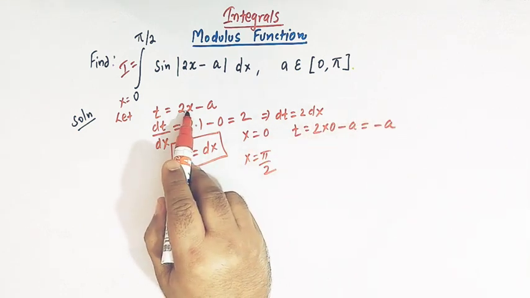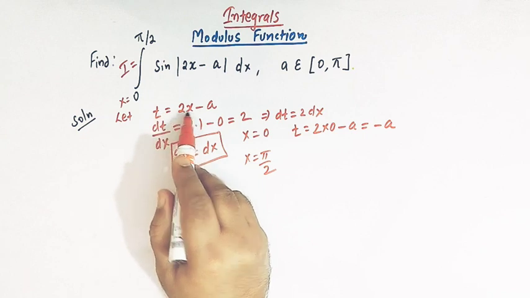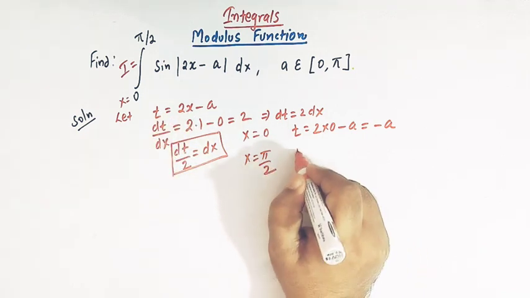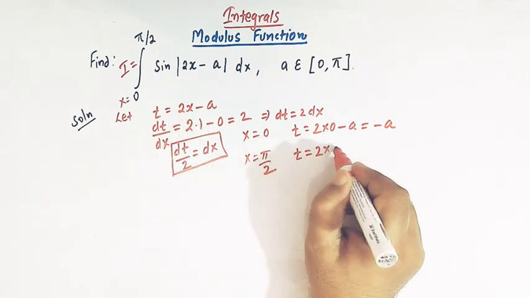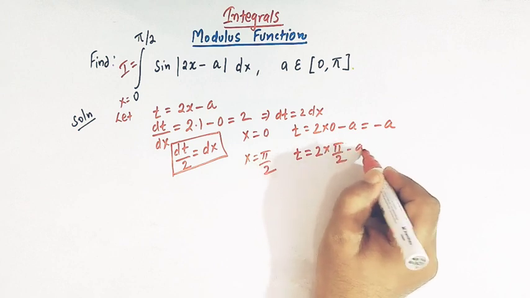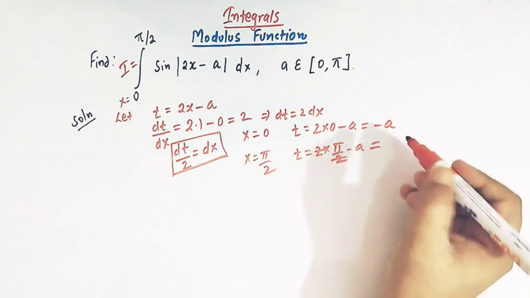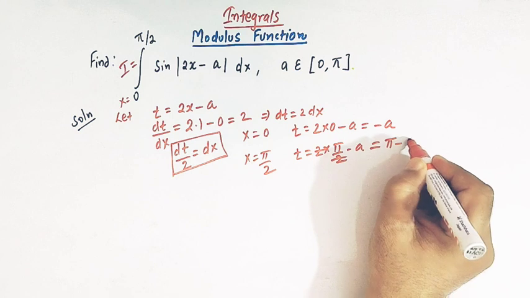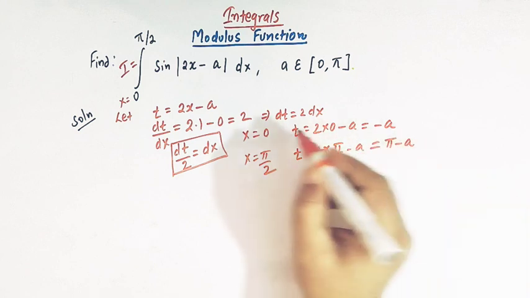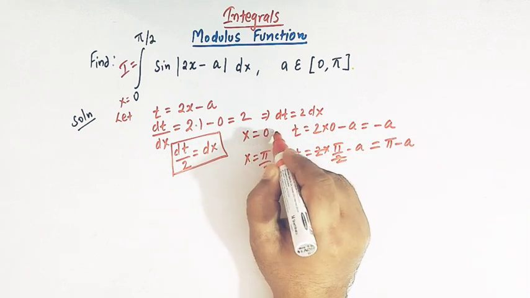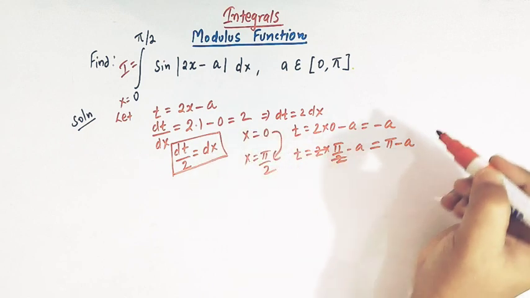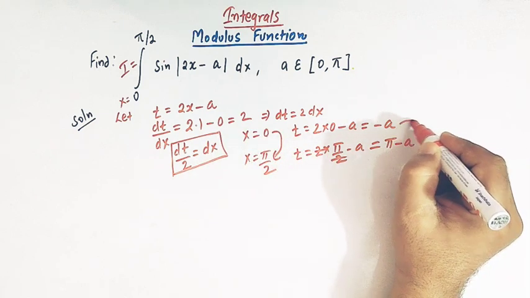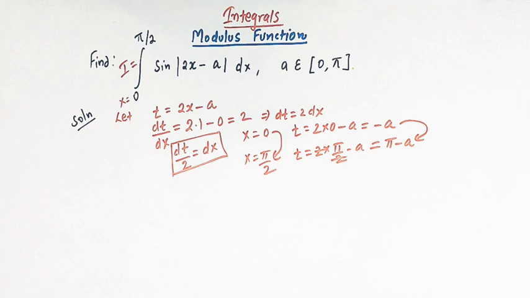Now when x is pi by 2, the value of t is 2 times pi by 2 minus a. So this 2 and this 2 get cancelled, and we are left with pi minus a. So when x goes from 0 to pi by 2, then t goes from minus a to pi minus a.